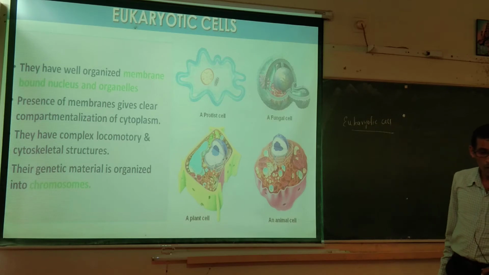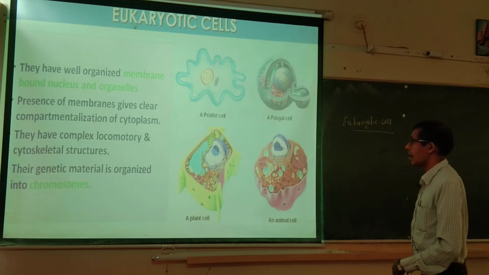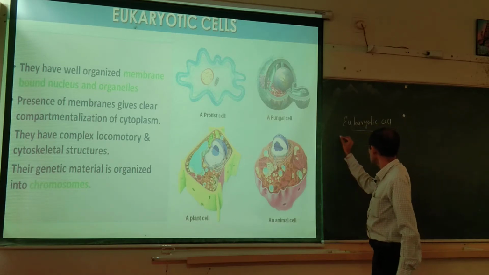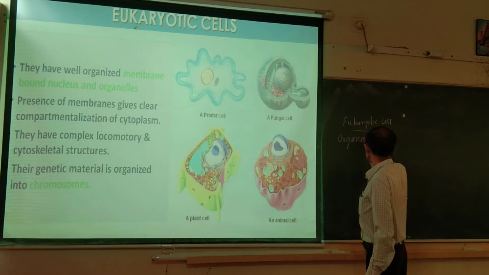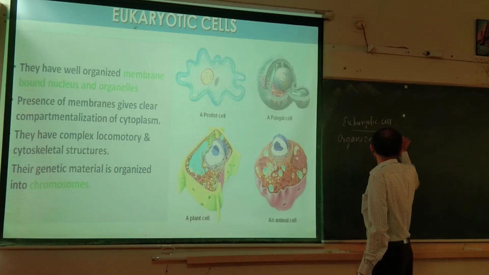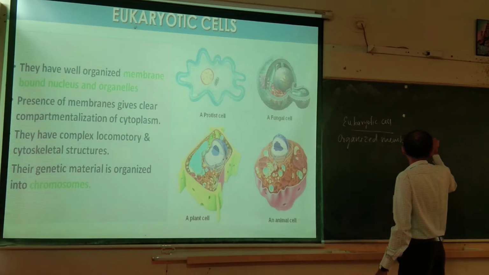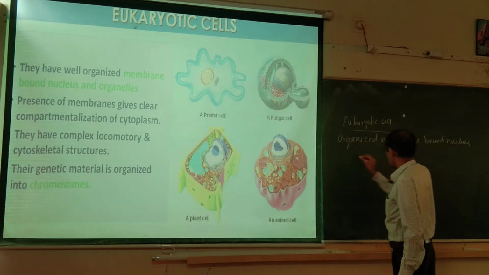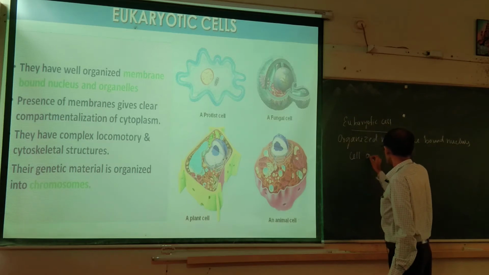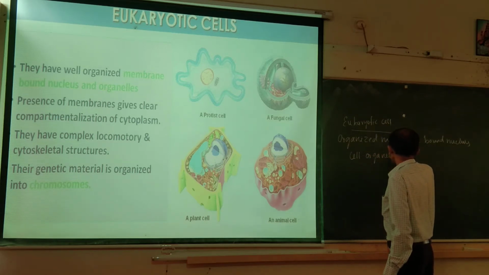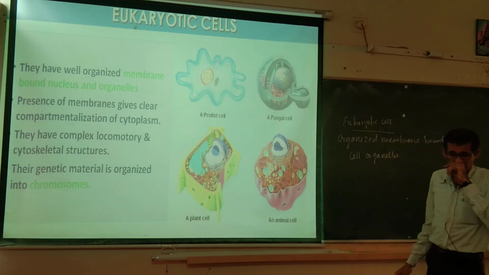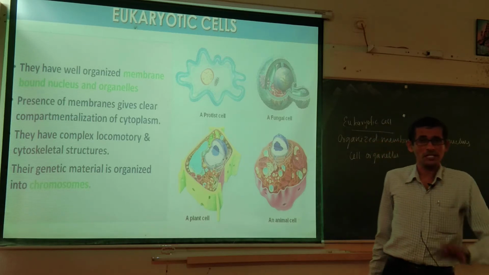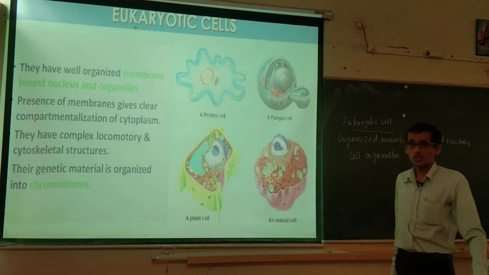They have well organized membrane bound organelles and a nucleus. Cell organelles and a membrane bound nucleus are very prominent in the case of the eukaryotic cell.